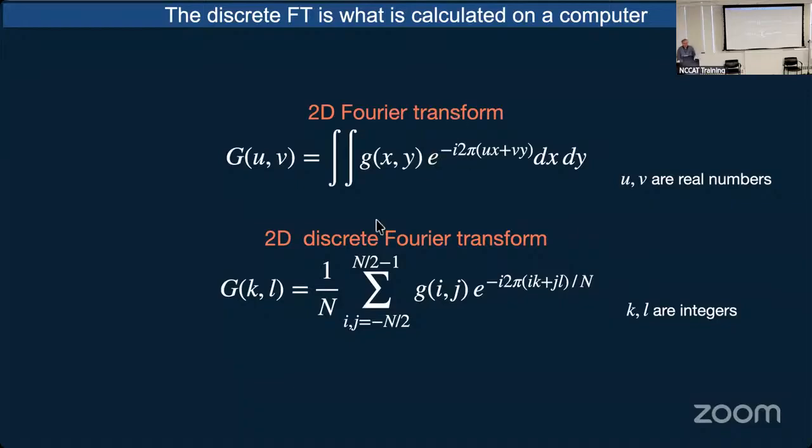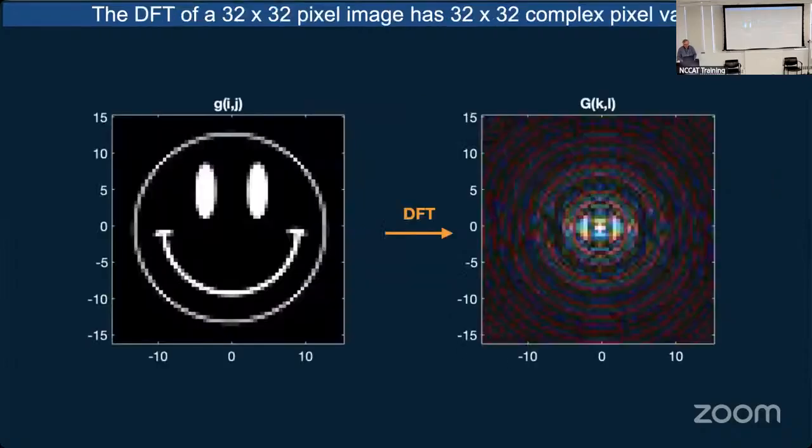So on a computer, of course, the FFT that the computer does is discrete and is really basically the same thing. It's a complex exponential. The only difference is you're dividing by the size of the two-dimensional array. And so for any object, the computer will give you a discrete Fourier transform.